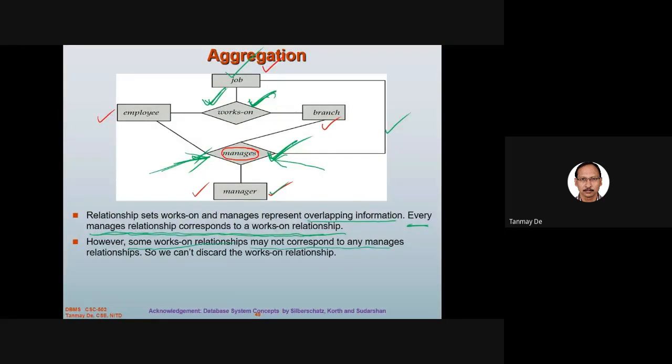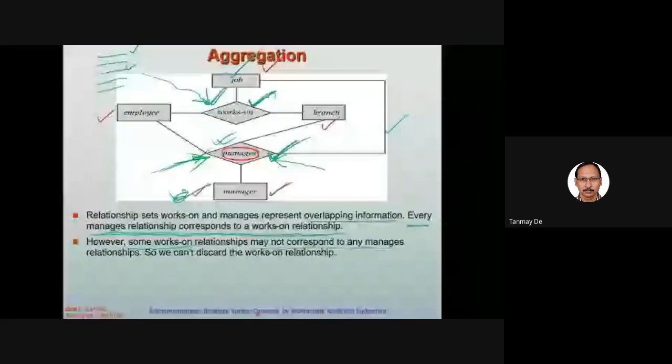In this work on relationship, there are a number of relationships. Some of the relationships, suppose this one, are present in this manages relationship, and of course also present in work on. But all of these are present only in work on.